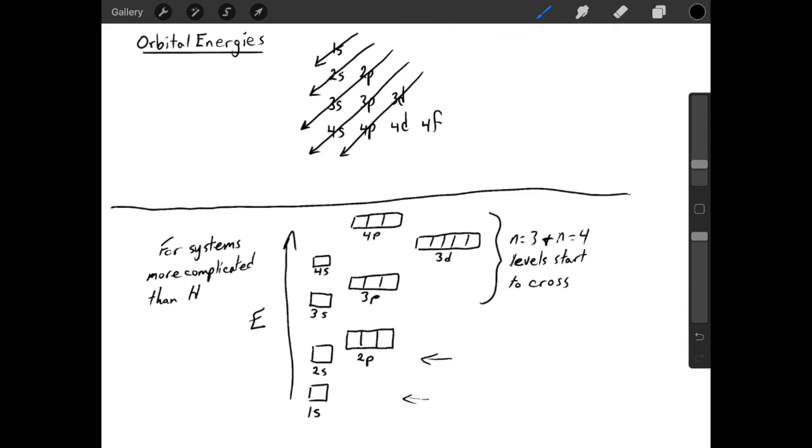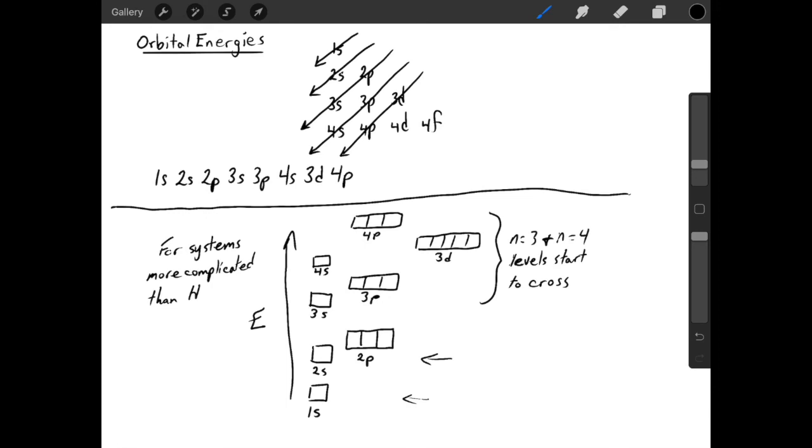So you start at the top. The 1s subshell is first in energy, and then you follow the arrows. So the 1s is first, then the 2s is higher in energy, and then the 2p, then the 3s, then the 3p, then the 4s, then the 3d, then the 4p, and so on and so forth.